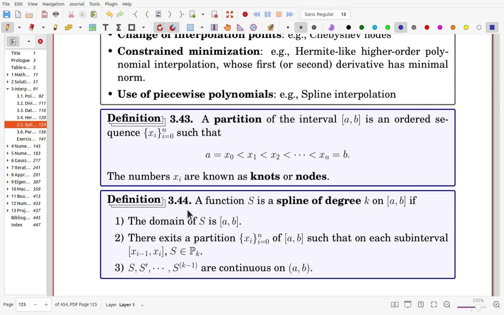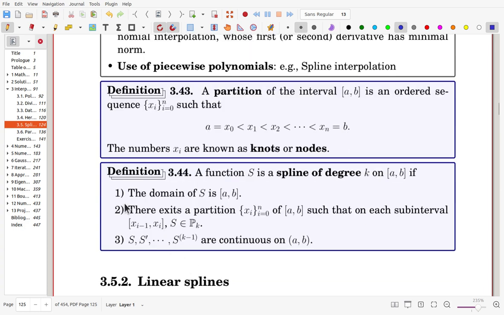Here we have a definition for a spline of degree k on the interval. A spline should satisfy three conditions. The first one is that the domain of the function is the interval [a, b], and there exists a partition of [a, b] such that on each subinterval, that is, the ith subinterval from x(i-1) to xi, the function must be a kth order polynomial.